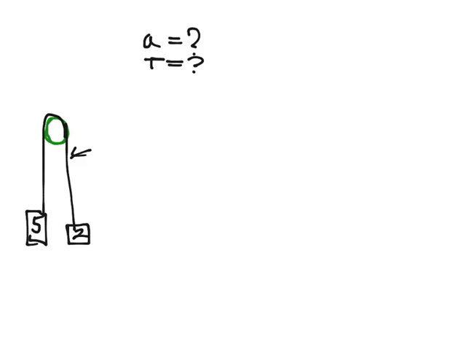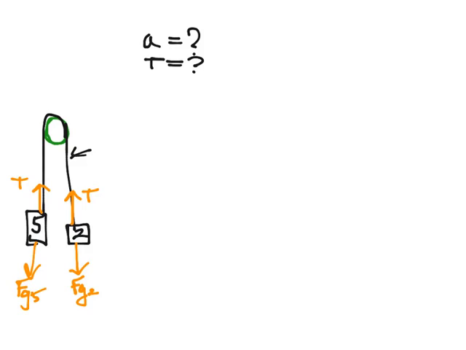Okay, so you've gone ahead and you've drawn the forces acting on the objects. You know that there's tension pulling up on both of these, and that there's FG, I'm going to say this is FG2 and FG5.